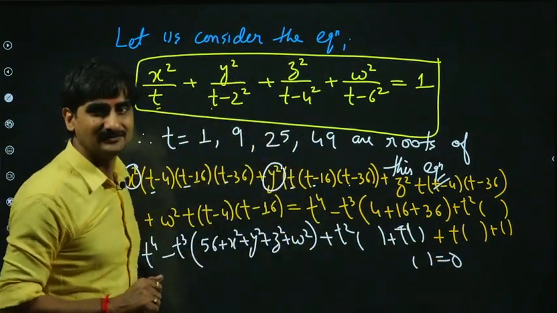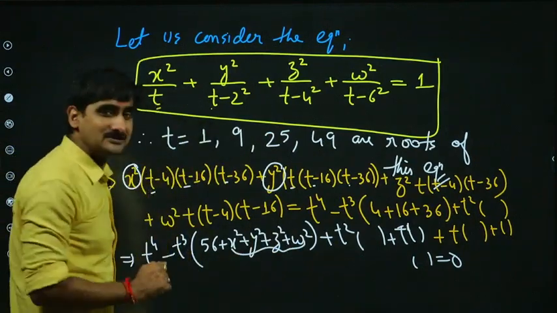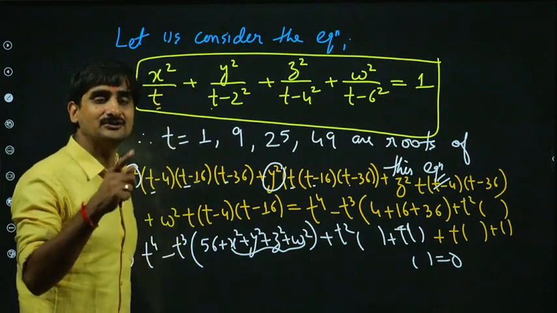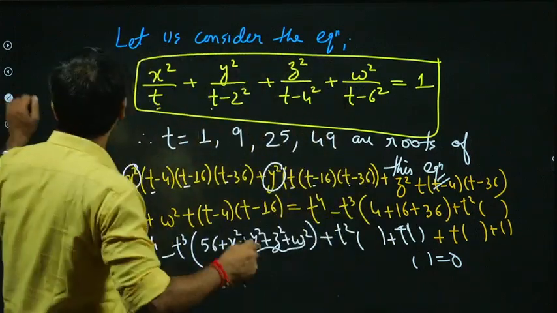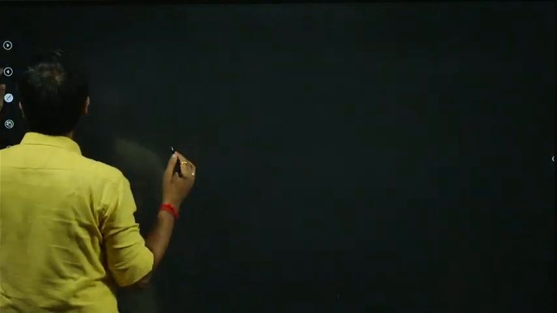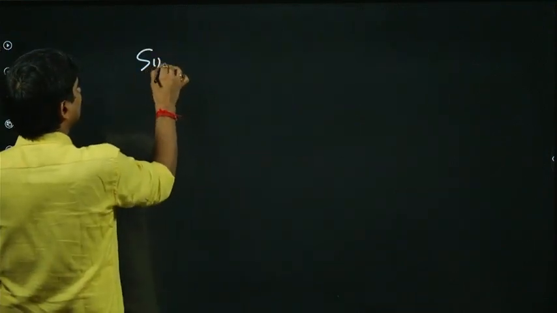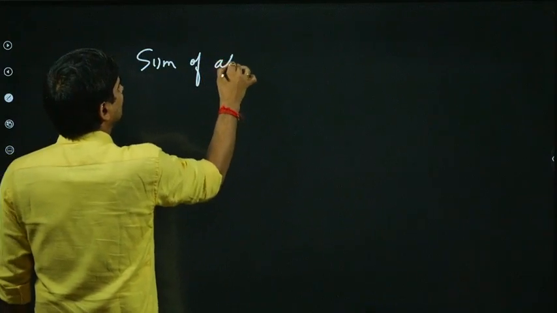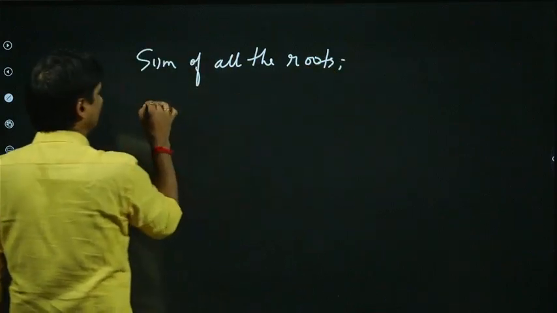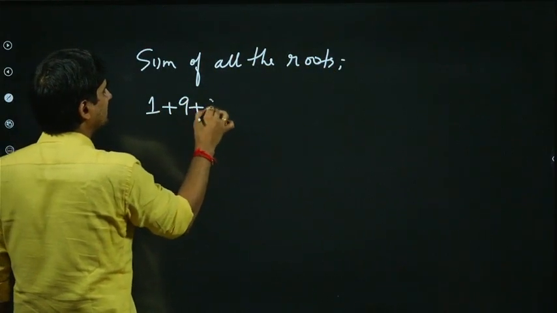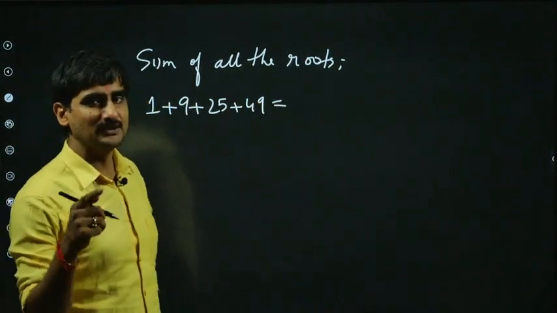Okay, and as for the terms of t square, t, and the rest, I am literally not concerned. Why am I not concerned? Because I need the value of this expression, and I will get it by using the relation for the sum of all the roots of a 4-degree equation. We know the roots are 1, 9, 25, 49. So the sum of all the roots, 1 plus 9 plus 25 plus 49, is equal to minus b by a.